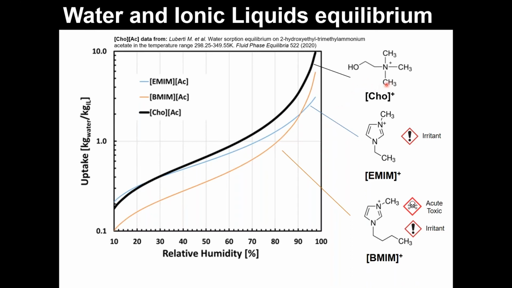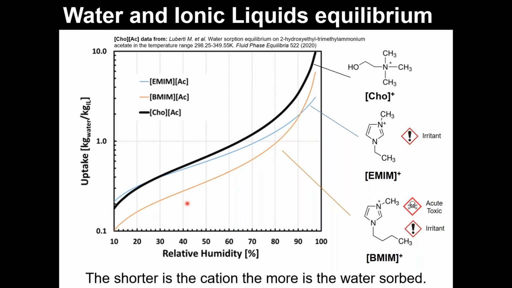Now, the special aspect of this ionic liquid, and in particular of this cation, is the presence of an OH group on the cation. We used to have OH groups on the anion instead. And this makes a difference in terms of water sorption. As you can see, it places the isotherm on top of the other two cations.